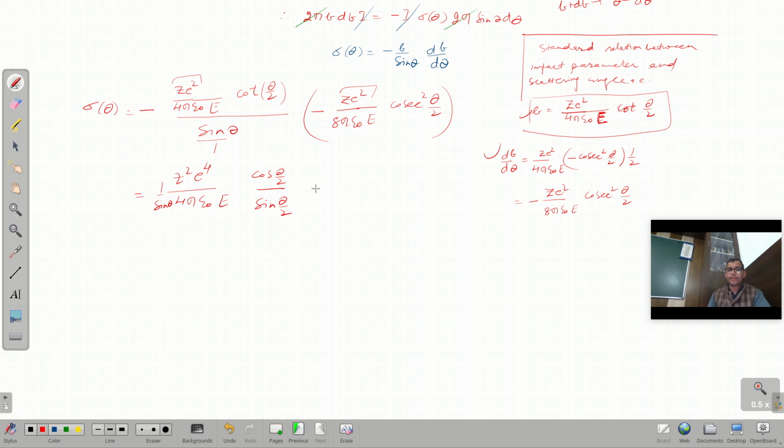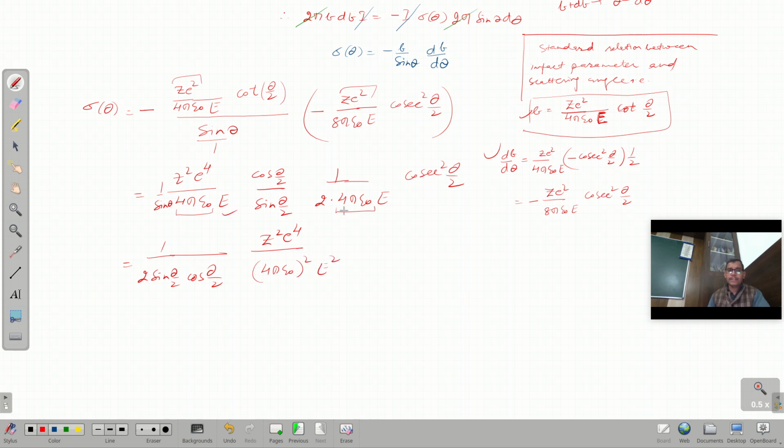So I can write it as 1 over 2 into 4πε₀E and cosecant square θ/2. 4πε₀ is sitting here, and also here, so it is 4πε₀ whole square.